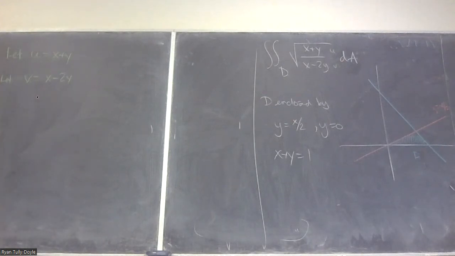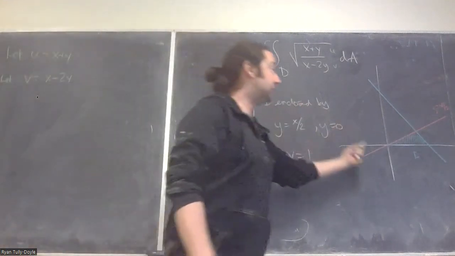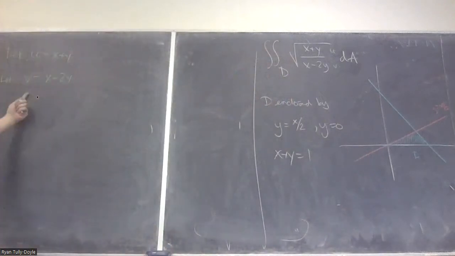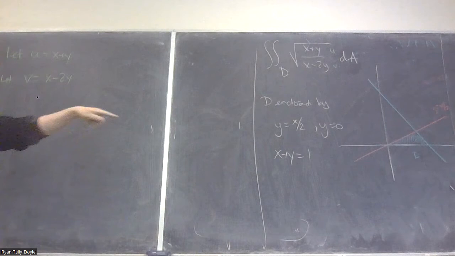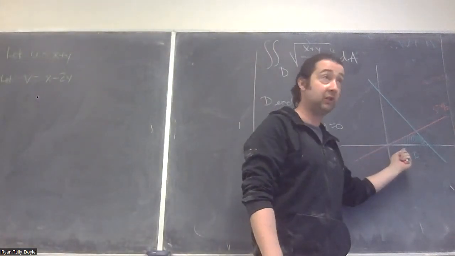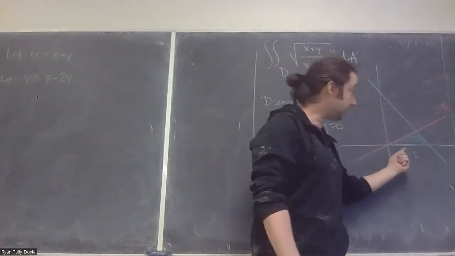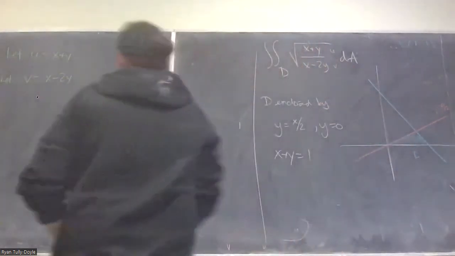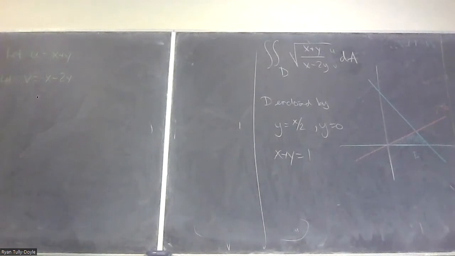That makes the integral really easy, right? I'm not going to change anything else. I know that the region is going to be different now because this imposes a change of variables. It changes this region that was in terms of x, y into a new region in terms of u and v. So this region is going to be transformed into a new region, which I'll have to figure out. But at the very least, that makes the integral easy, and that's the whole point of trying this.